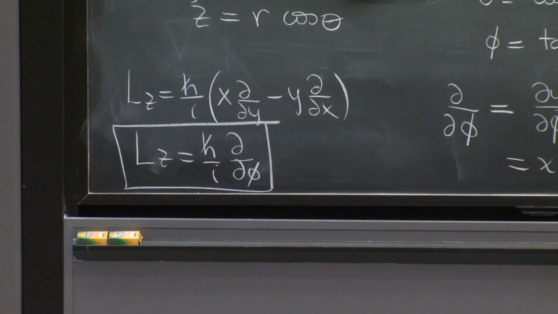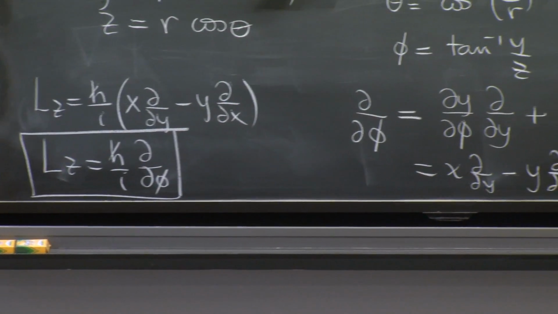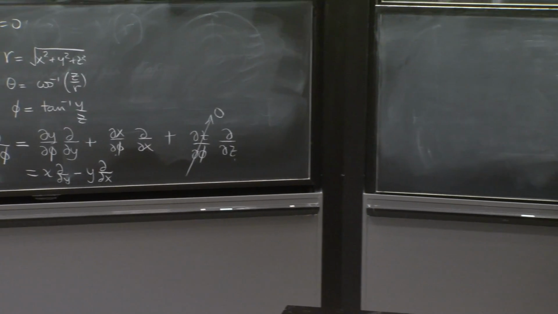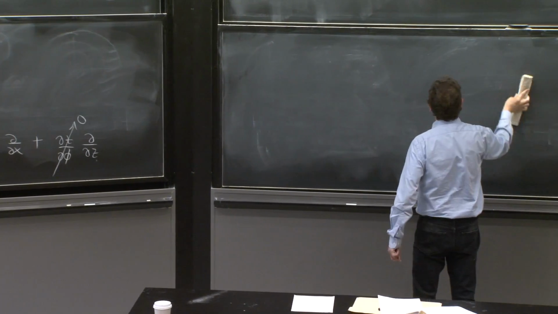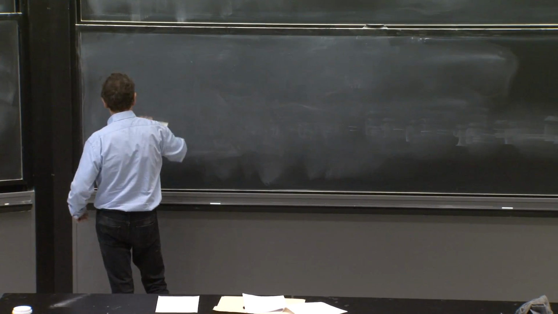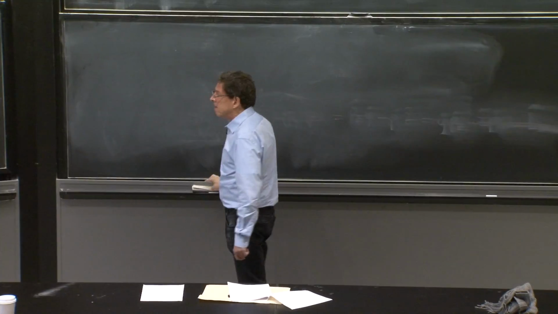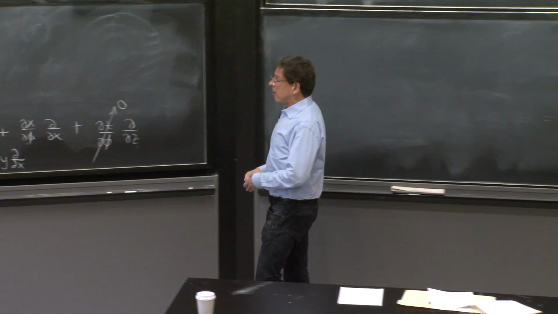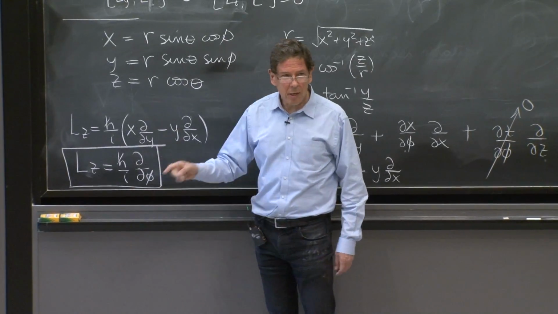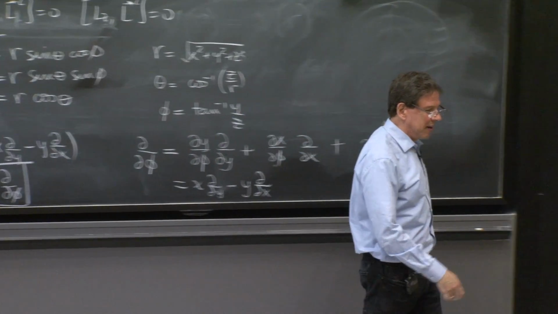So I have left as exercises to calculate the other operators that are more messy, and to calculate Lx, Ly as well in terms of d/dtheta and d/dphi. And as you remember, angular momentum has units of ħ, and angles have no units, so the units are good, and we should find that.